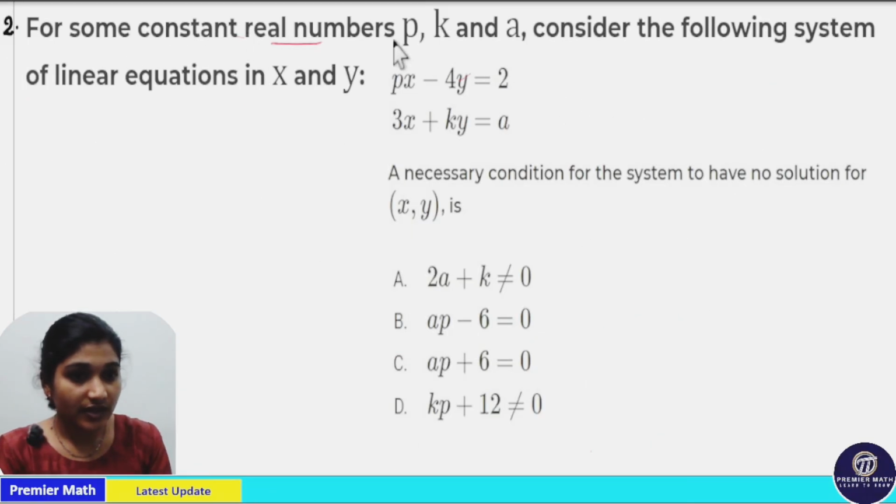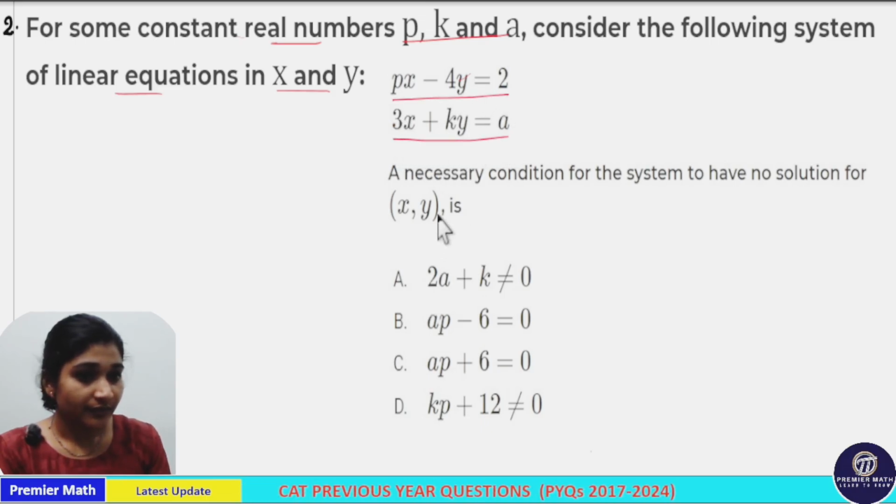For some constant real numbers p, k and a, consider the following system of linear equations in x and y: px minus 4y is equal to 2 and 3x plus ky equal to a. A necessary condition for the system to have no solution for x, y.